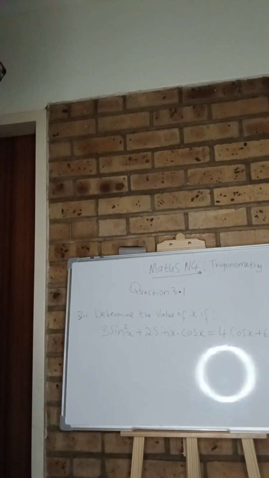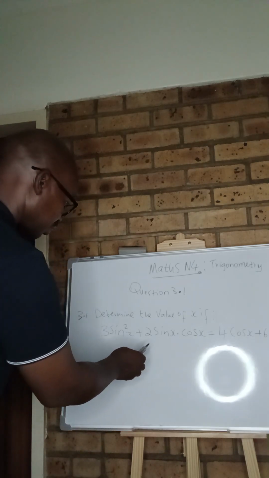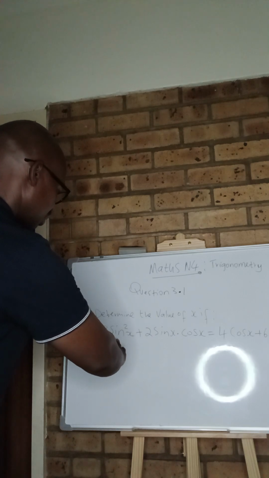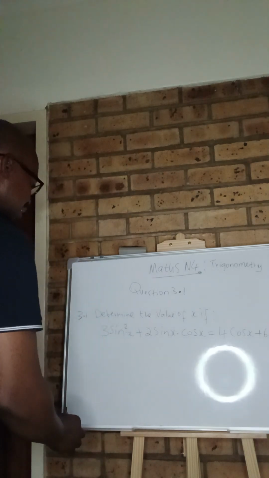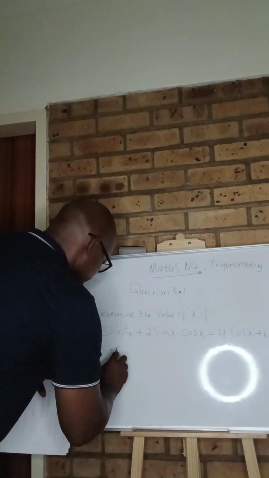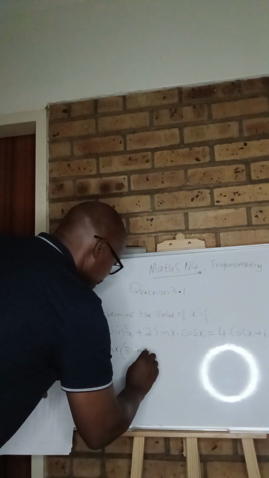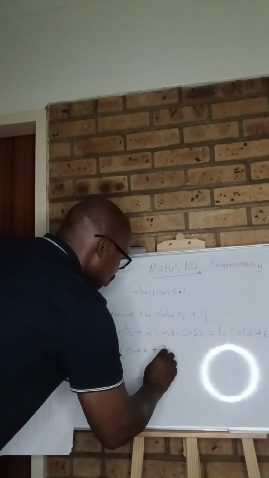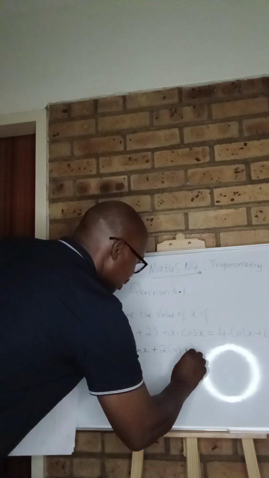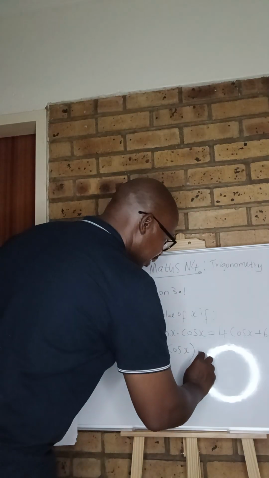Let us try by all means to factorize this. I see in both terms there is a common factor, sine x. I'm going to take out sine x as a common factor. This is 3 sine x plus 2 cos x.